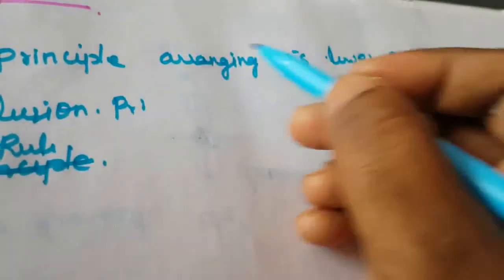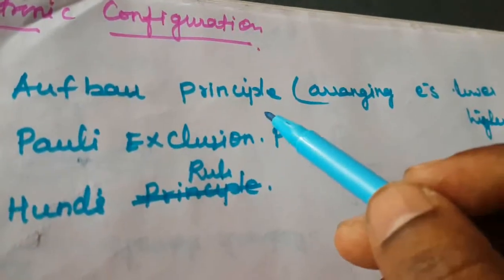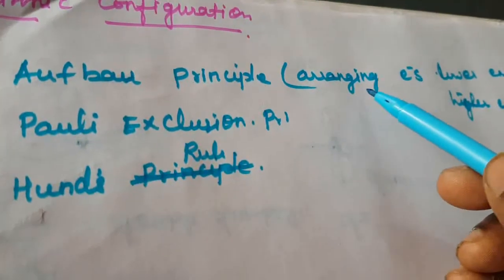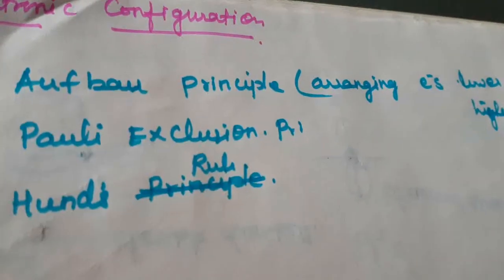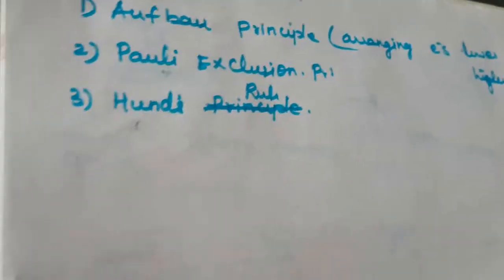This is the arranging of electrons, and it is called the Aufbau principle. The Aufbau principle states that in the ground state of atoms, the orbitals are filled from the lower energy level to the higher energy level, that is, in increasing order of their energy.